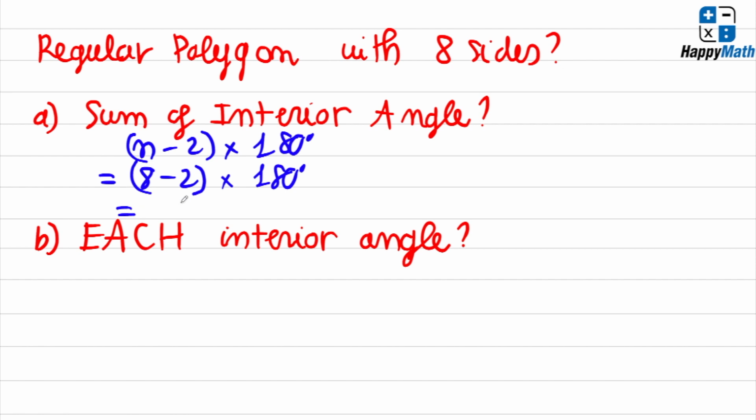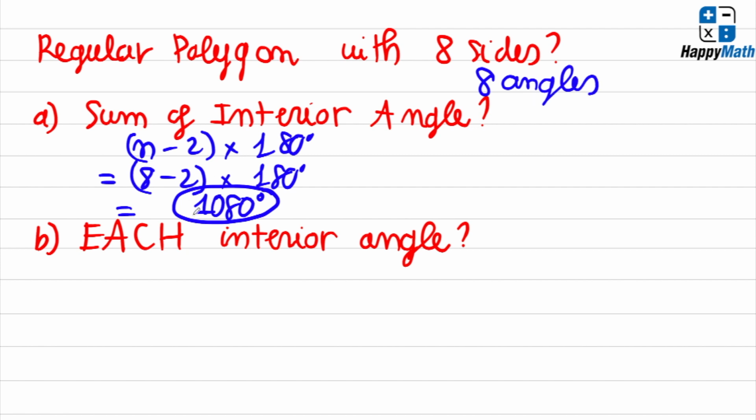So this is 6 multiplied by 180, and you get 1080. That is the total of the interior angles.